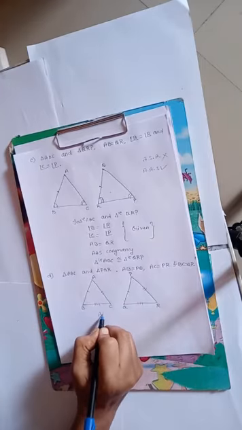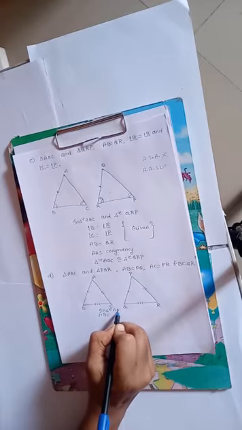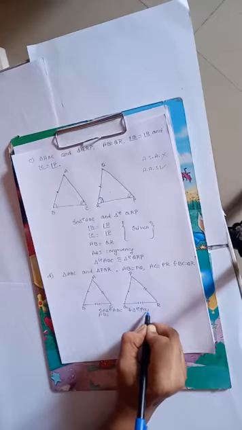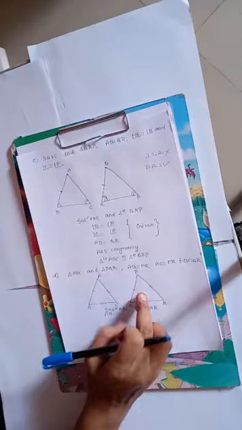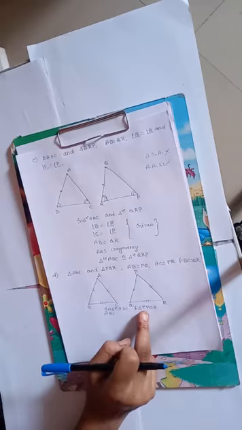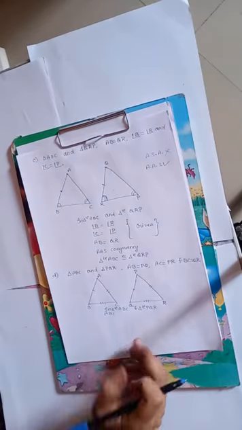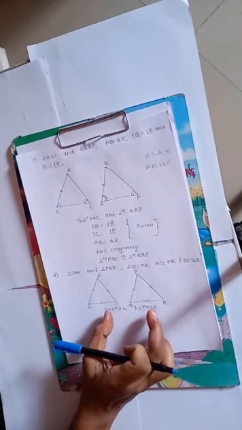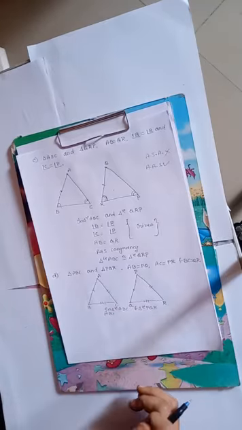First you people need to mention whatever the triangles you need to prove the congruency. First you need to mention here in triangle ABC and triangle PQR. Then according to the congruency condition you need to prove that these two triangles are congruent. First it's need to mention that whatever the triangles you people are taken in here.